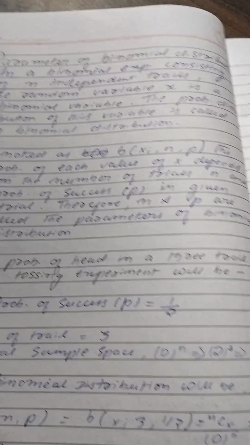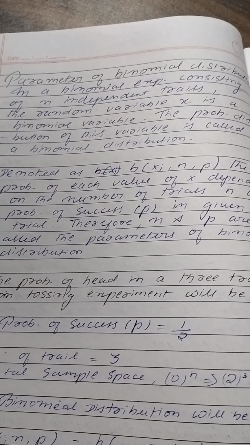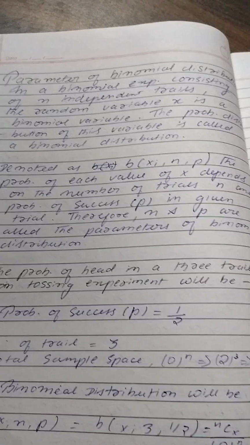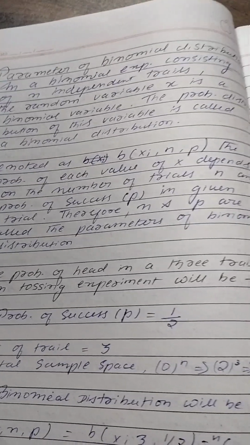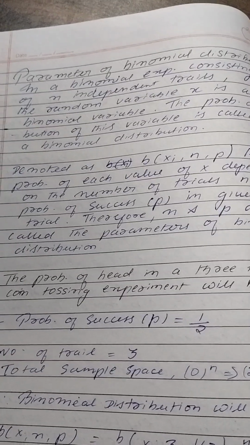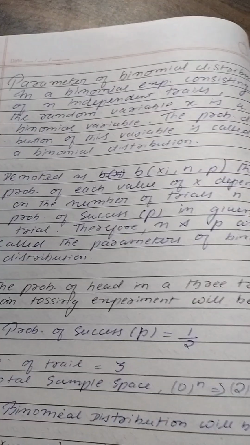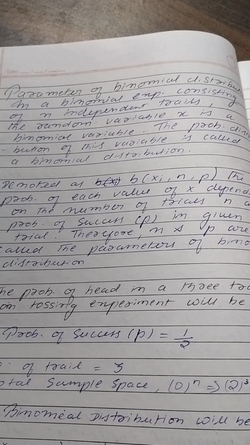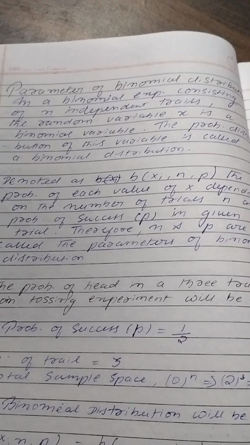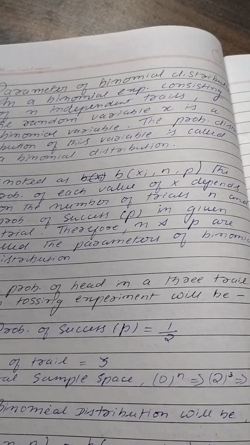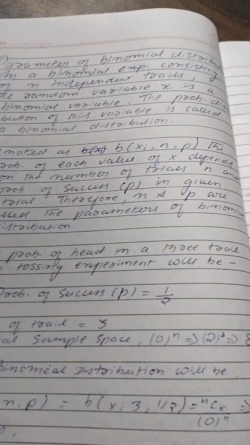So the parameters of the binomial distribution: a binomial experiment consists of n independent trials. The random variable x is a binomial variable, and the probability distribution of this variable is called a binomial distribution.